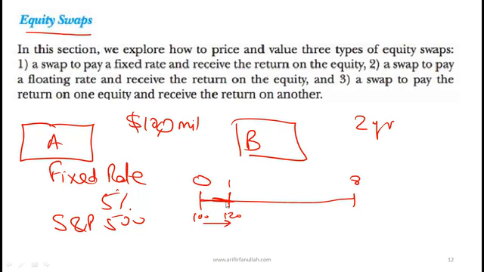Do you see that with an equity swap, it's only at the end of every period that we know who pays whom what? Because it's only at the end of the period that we know the new value of the equity. But midway through the first quarter, if the equity index has gone up from 100 to say 115, then do we know that the fixed rate payer is winning?